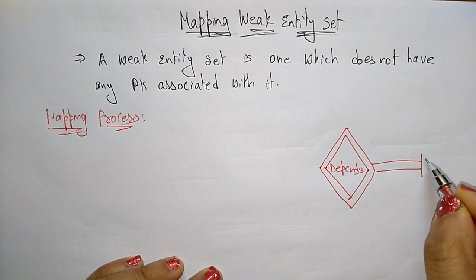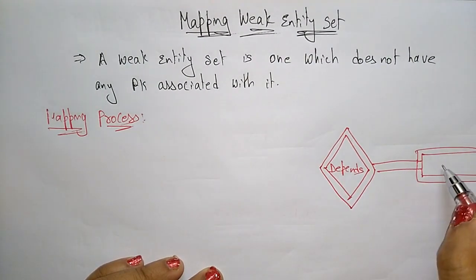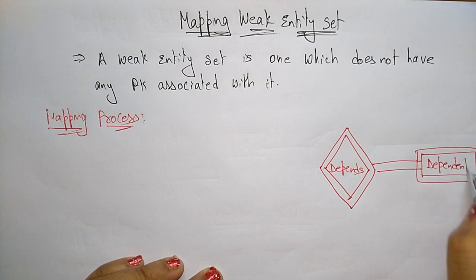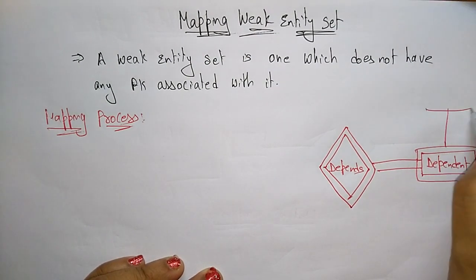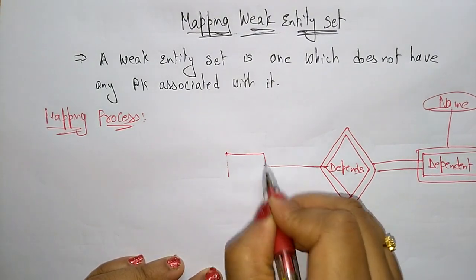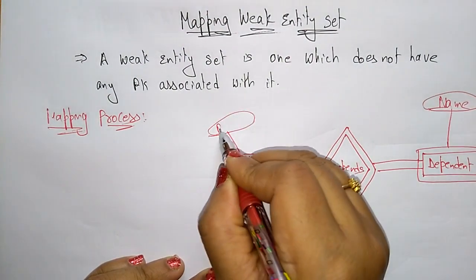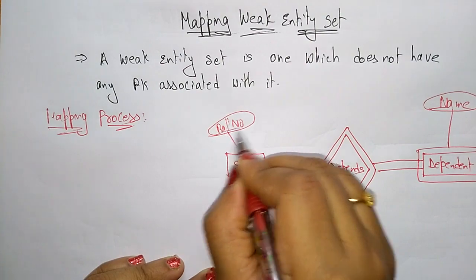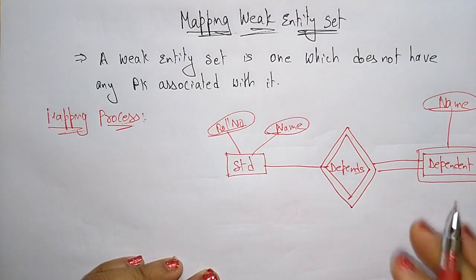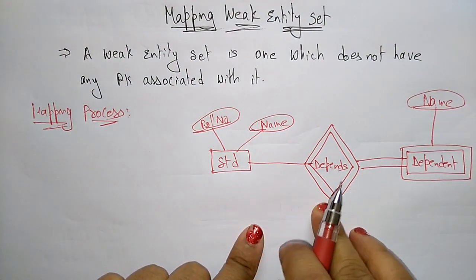So the weak entity set, weak relationship and the weak entity is dependent. The attribute for this is name, and here the student is another entity. The student has the roll number, which is a primary key, and name. So this is a representation of mapping a weak entity set.